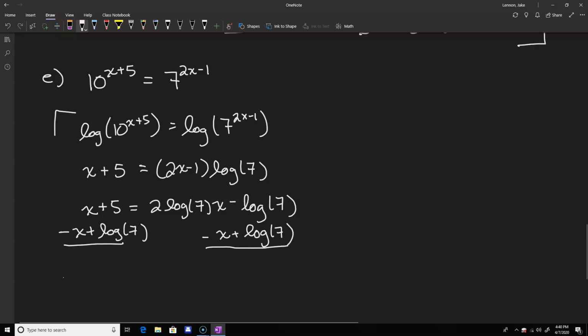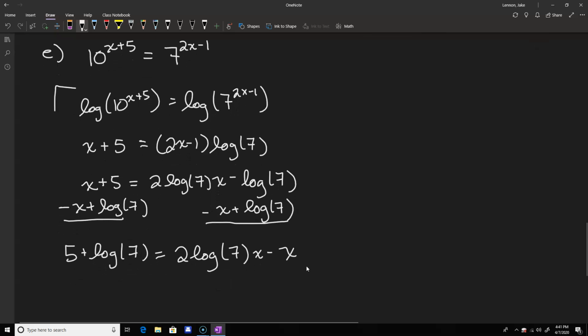So on the left-hand side, I'll just be left with my 5 plus the log of 7. And on the right-hand side, I'll have my 2 log 7 times x minus x. So now we see x in 2 spots on the right, but that's okay because we can factor it out. So we'll be left with 5 plus the log of 7, and that'll equal x times 2 log 7 minus 1.